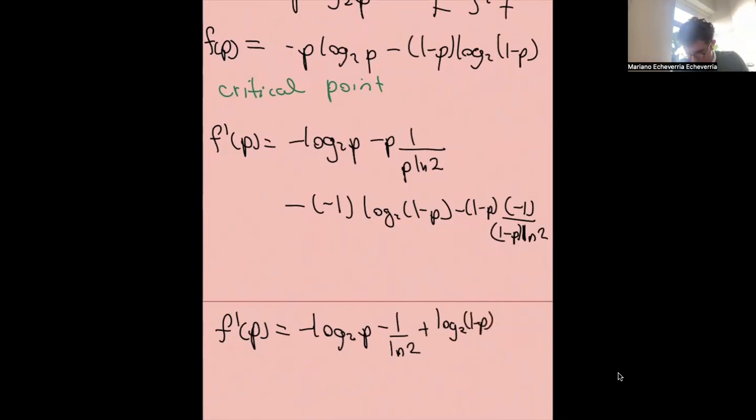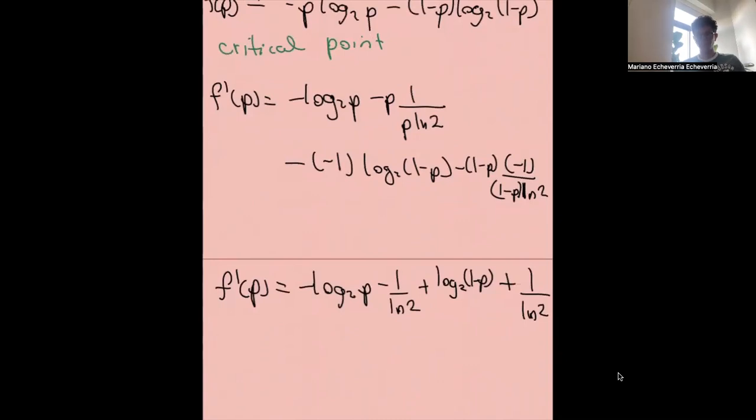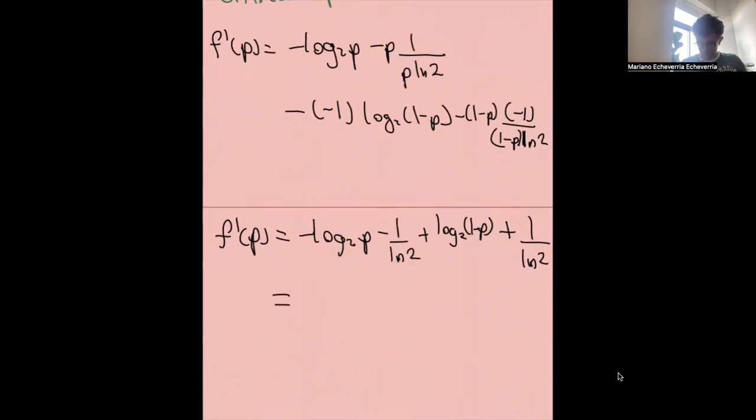There are a bunch of minuses here. Let's see. This cancels again, and then minus becomes a plus. So 1 over ln of 2. Good. So these two are going to cancel out, and you just get log base 2 of 1 minus p minus log base 2 of p.